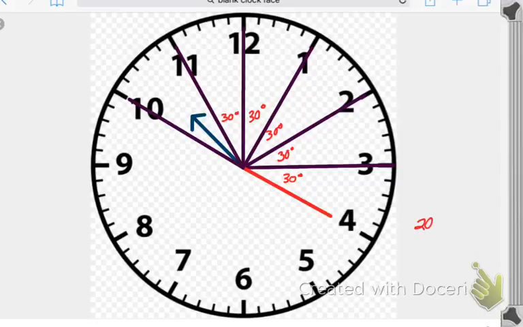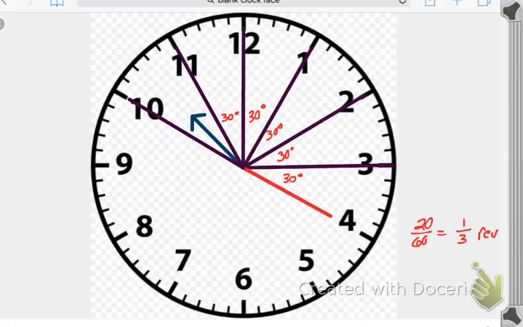So 20 divided by 60 is going to equal 1/3 revolution. This went a third of the way around, which means my hour hand moved a third of the way from 10 to 11. So it doesn't look that accurate. I kind of drew it in the middle, but we have to recognize that our drawings aren't perfect. So if this moved a third of the way, what's a third of 30 degrees? 10.